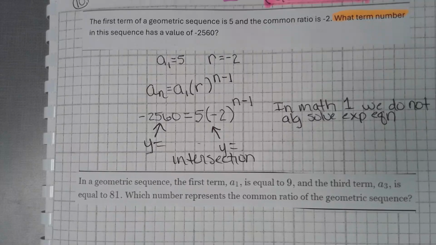Then we're going to do y equals, and I'm going to put the other side of that equation in, which is negative 2,560, I believe. Negative 2,560. And yes, we're probably going to need to really zoom out.